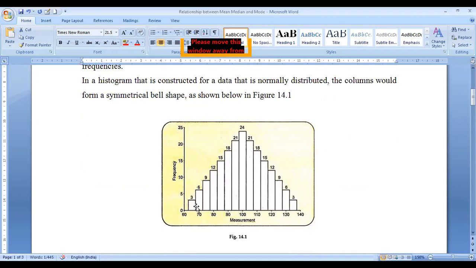See how the data is showing. When you put the graph, if there is a bell shaped curve, that is called the normal distribution curve, and that is called symmetrical distribution. Is it clear, or shall I explain again?